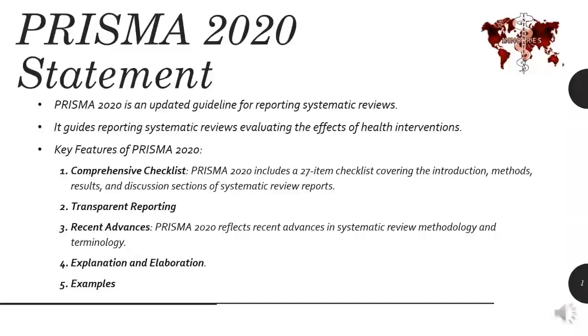Once again, the Prisma 2020 helps with transparent reporting. It also reflects recent advances in systematic review methodology and terminology. The Prisma 2020 also comes with a guide, an explanation and elaboration, which covers each of the 27 item checklists in explicit details, citing examples of how such items should be reported.